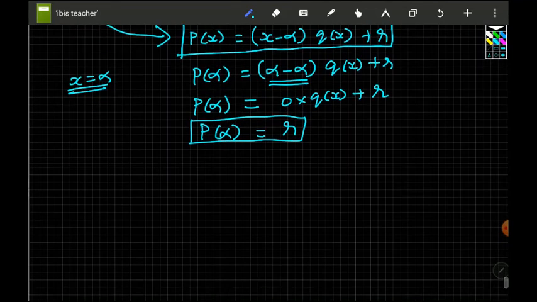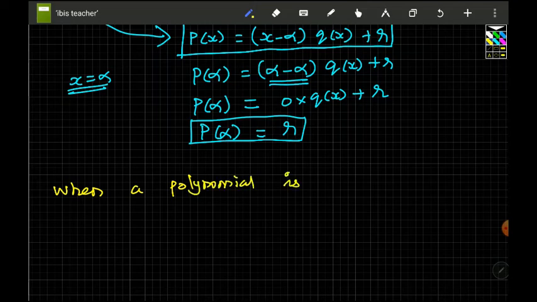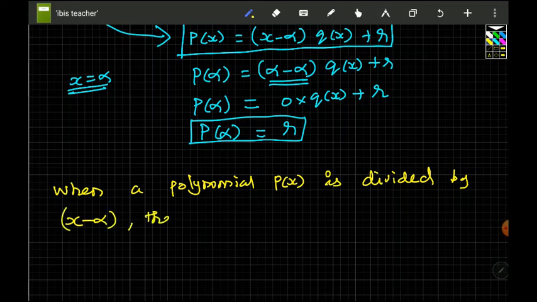So we are establishing that when a polynomial p of x is divided by x minus alpha, then the remainder is equal to p of alpha.